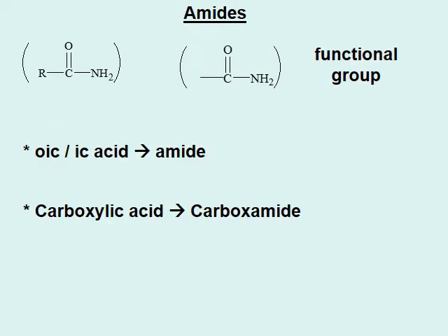Amide. Amide has the functional group of C double bond O NH2. Again, the names of these compounds have similarity with the corresponding names of acids. For example, if you have benzoic acid, it would be called benzamide. So you remember benzoic acid? Let me show you the structure.